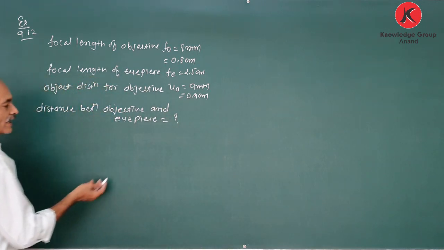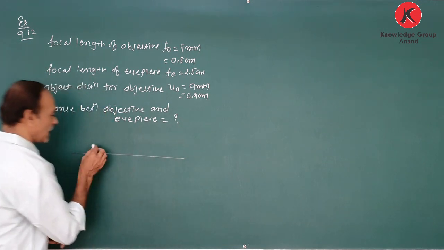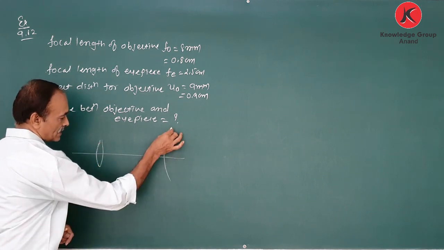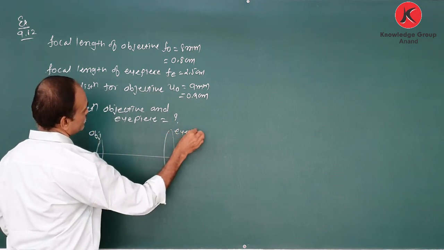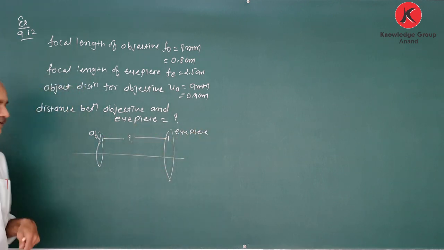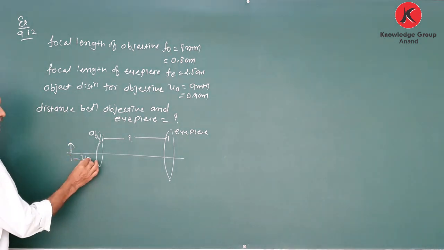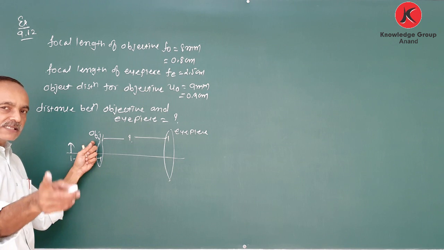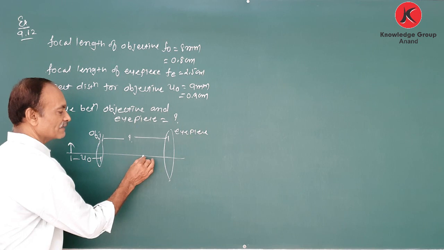So first thing, again for our understanding only, I draw the position of objective, eyepiece, and also the object and image. So there is the objective, there is the eyepiece. We require the distance between these two lenses. Now the object is placed at this distance, that is UO. The image formed by the object is formed at the principal or the focal plane of eyepiece, that means here.